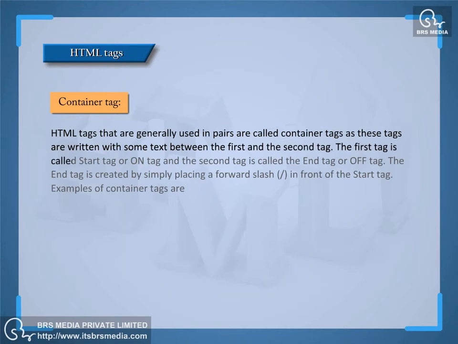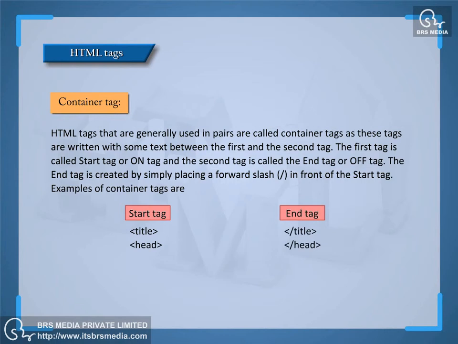The first tag is called start tag or on tag, and the second tag is called the end tag or off tag. The end tag is created by simply placing a / in front of the start tag. Examples of container tags are title, /title.